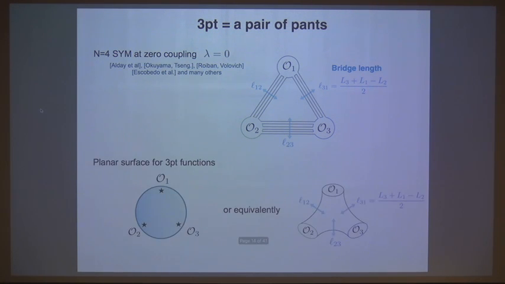On the string theory side, the 3-point function corresponds to a spherical worldsheet with 3 vertex operator insertions, or equivalently, you can depict it as a pair of bands characterized by these 3 lengths, L3-1, L1-2, and L2-3.